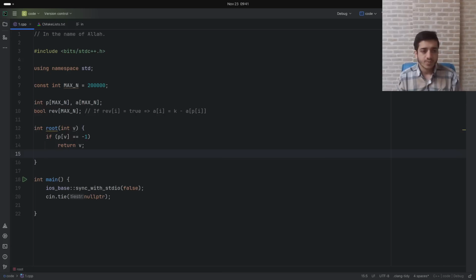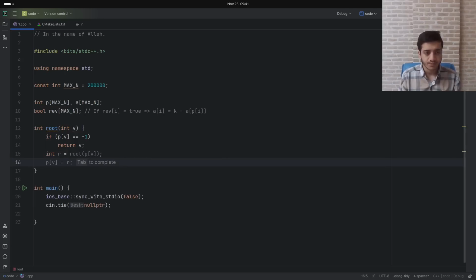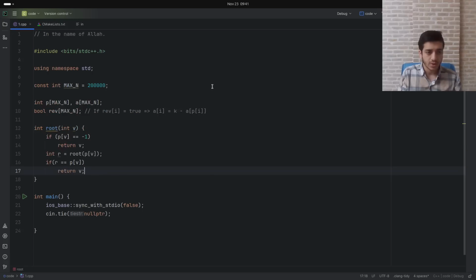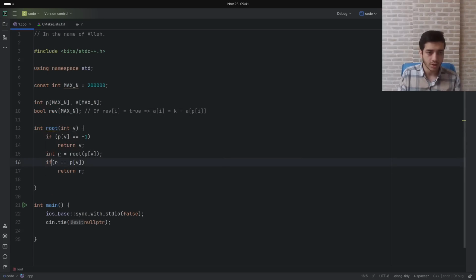Otherwise, we need to find the root of the parent, so let me write it like this, and now we want to change this thing. So if r is already part of this, return r, and that's it. Otherwise, I need to do something with A_i and rev and all of that.